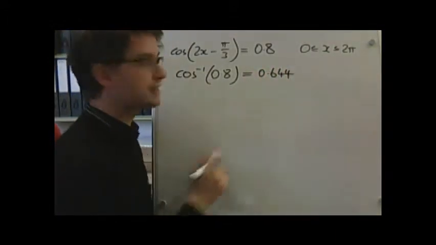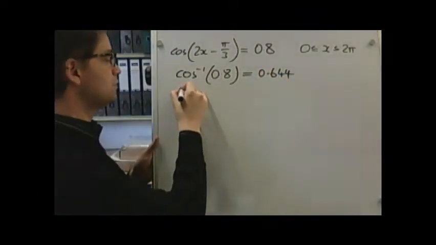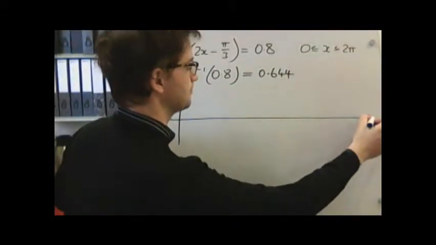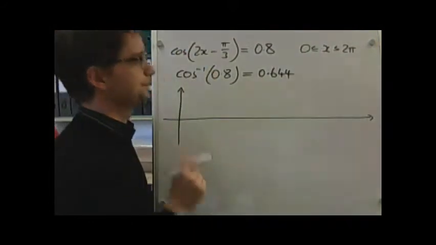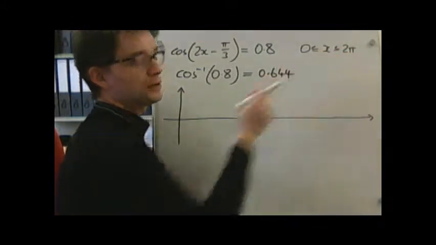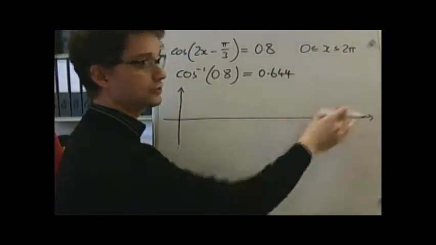The first step is the same as ever. The next step is to use the cos curve to find some other values. And in this one, we're working with cos 2x. So I need all the values of x between 0 and 2 pi. So I need to let 2x run all the way up to 4 pi.